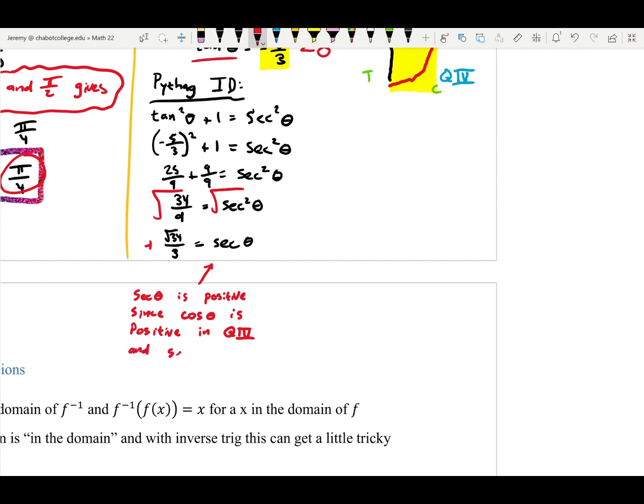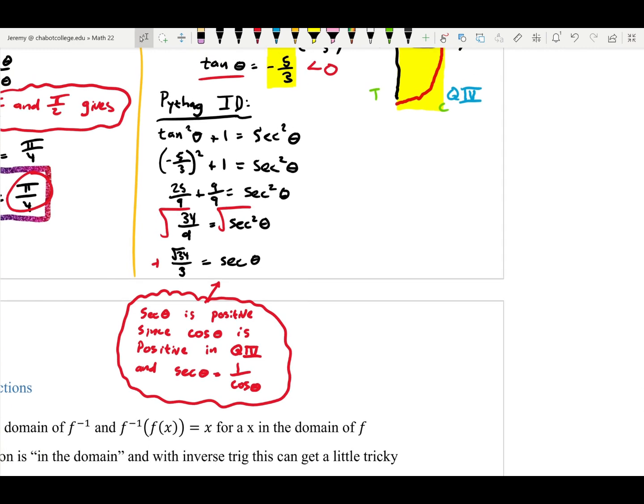And secant of theta is just equal to 1 over cosine of theta, so they will share their sign. Okay, that's good. So we have this now.